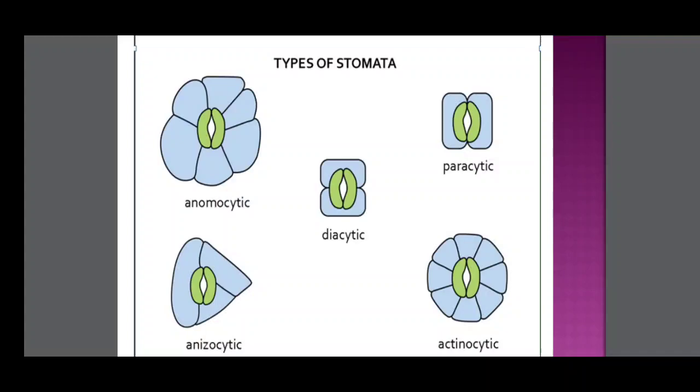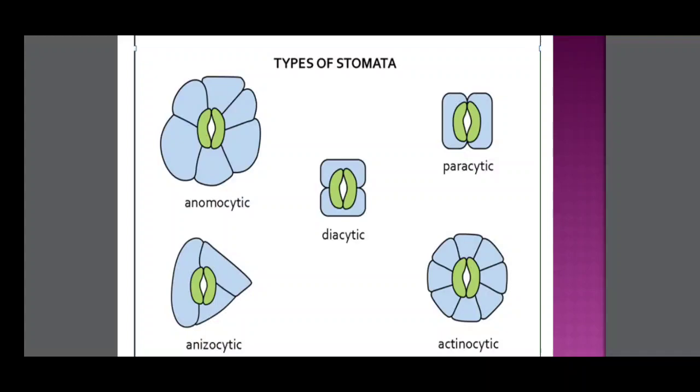Based on the guard cells and the subsidiary cells, there are 5 types of stomata. One is the anemocytic, second the anisocytic, third the diacytic, fourth the paracytic, fifth the actinocytic.